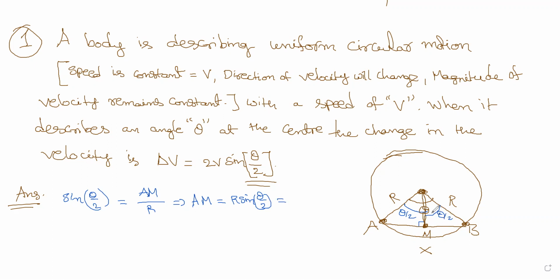Let us say this is O. In triangle OMA, sin theta by 2 is AM divided by R, because this is half the distance. AM is equal to BM because M is the midpoint. So AB is 2R sin theta by 2.